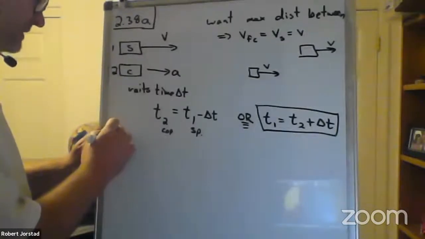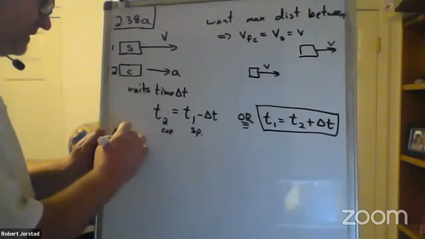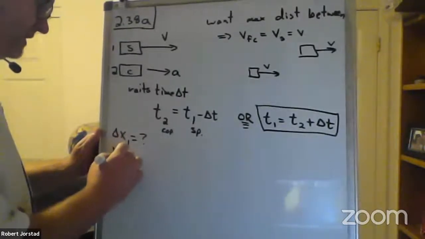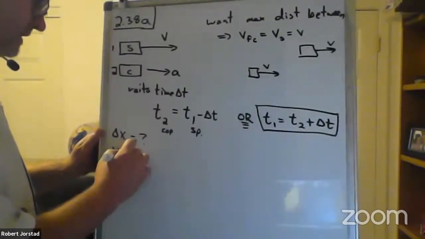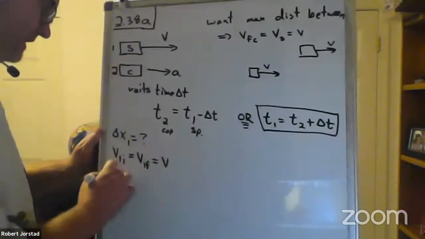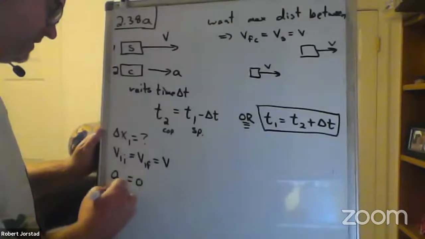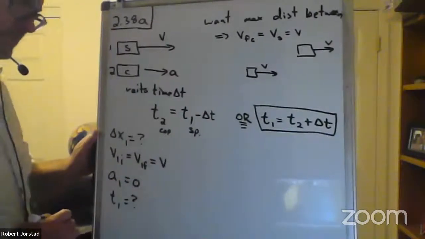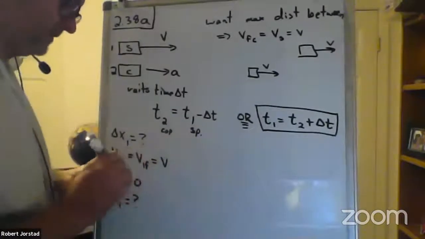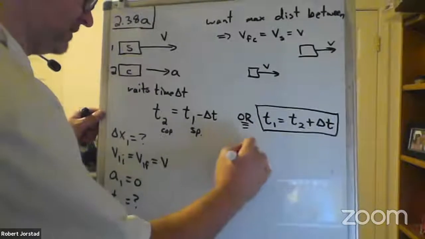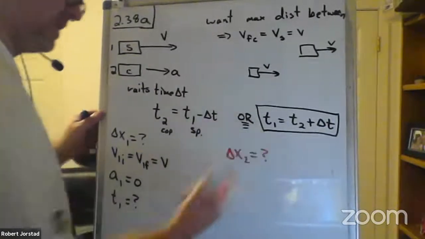I know that delta x1 is unknown. V1 initial is equal to V1 final is equal to V. The acceleration of 1 is equal to 0. And the time of 1 is unknown. Over here, delta x2 is unknown.